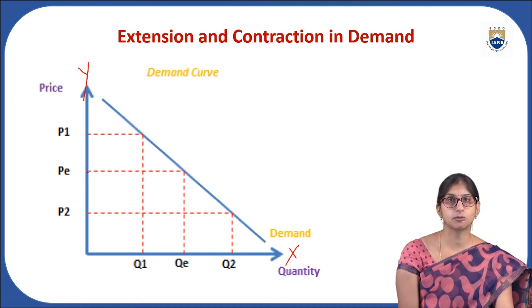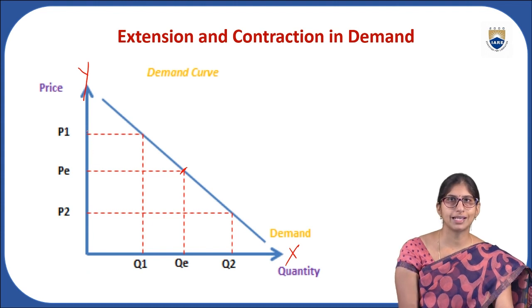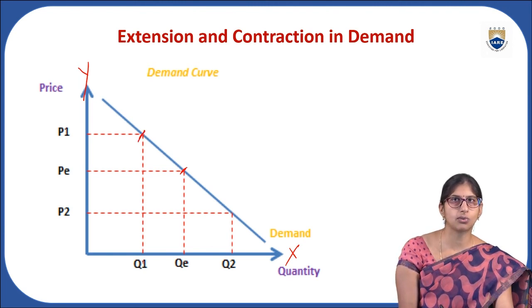When the price is P, quantity demanded is Q. This is the first point. When the price has increased to P1, the quantity demanded has decreased to Q1, right? Price increased, quantity demanded decreased, as per our law of demand.